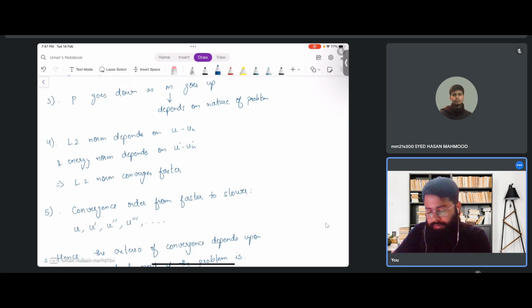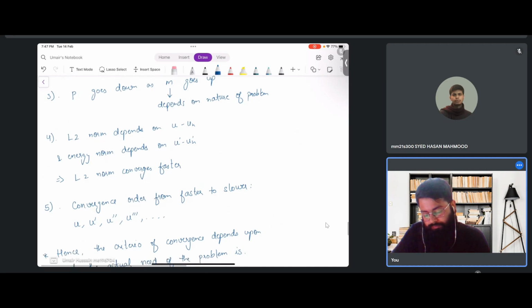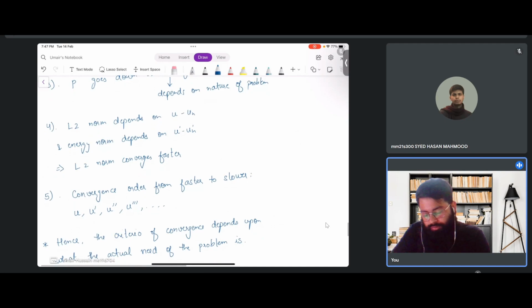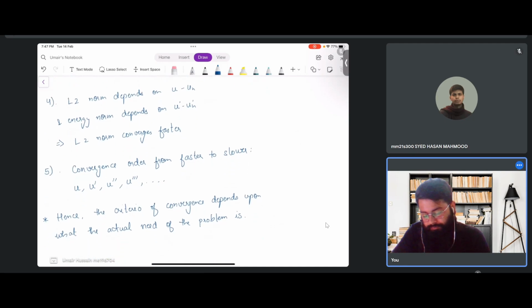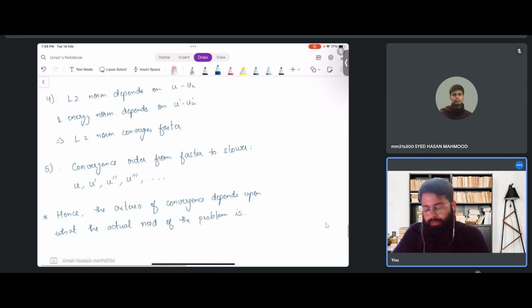So the L2 norm converges faster, right? And that's how we have this order of convergence. The solution values converge faster, and consecutively the higher order derivatives, first, second, third, converge more slowly.